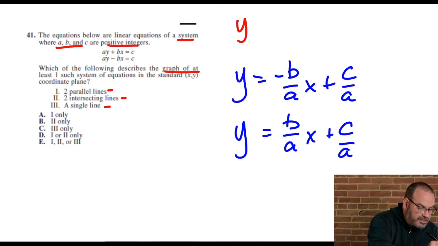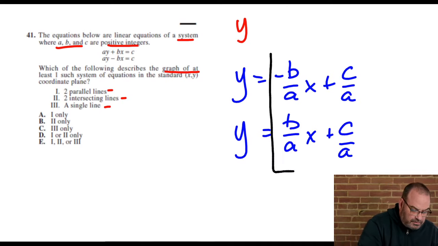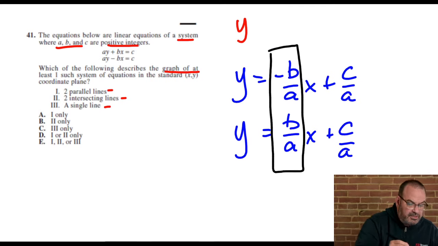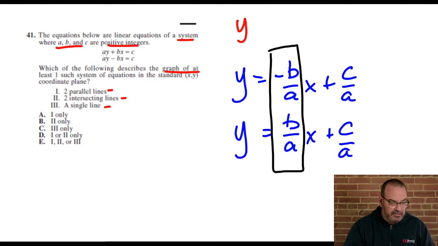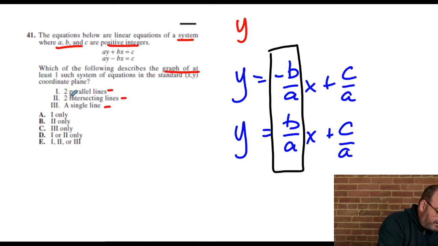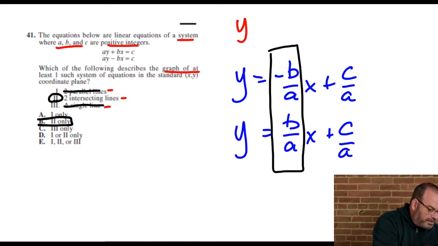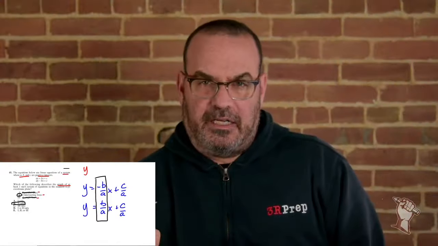Notice that their slopes are different. So they definitely intersect, but they're not opposite reciprocals, so they're not perpendicular. They are not the same, so they cannot be parallel. They're not the same, so they can't be a single line. They are intersecting lines. Put a star next to this bad boy.